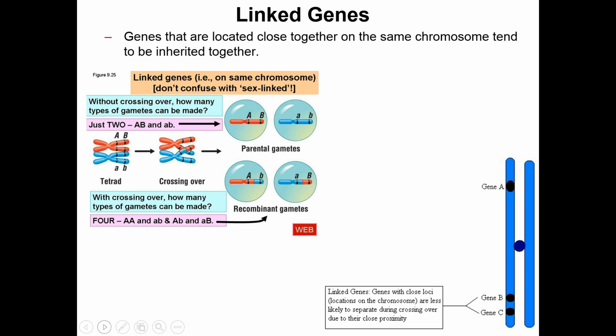The further apart genes are from one another, you may see recombination take place where those genes may not be inherited together, or they at least exhibit a higher frequency of recombination, or two genes can be on two separate chromosomes.